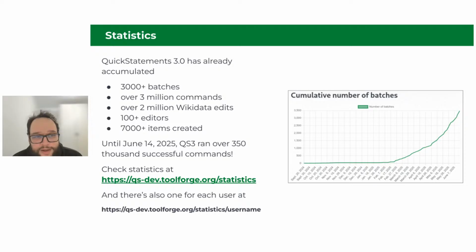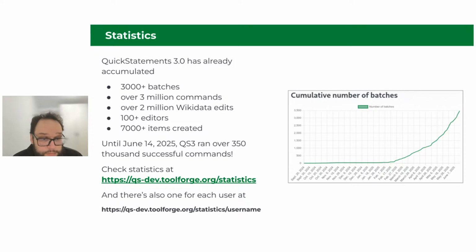That's a lot of success. And we actually have a page with the statistics of what the numbers are for successful edits and errors that occur with the tool, and the growth of editors, the growth of commands and batches.